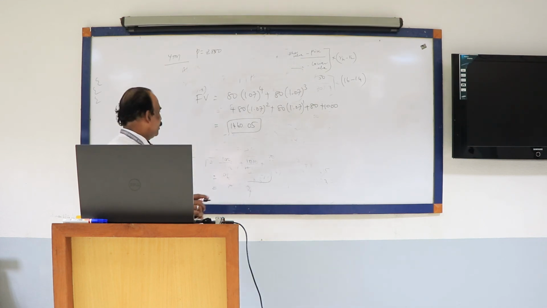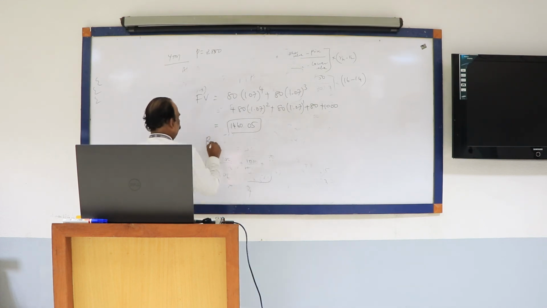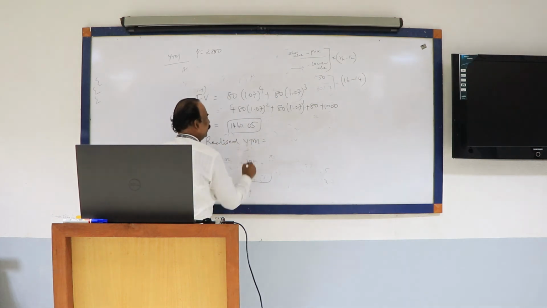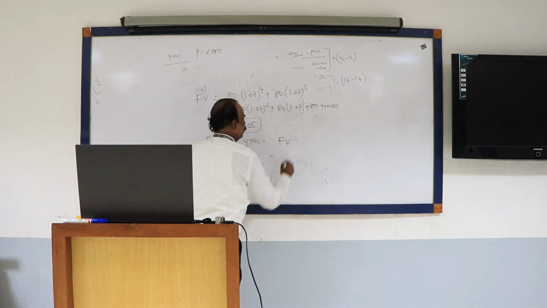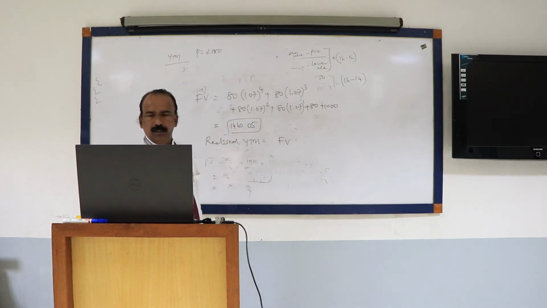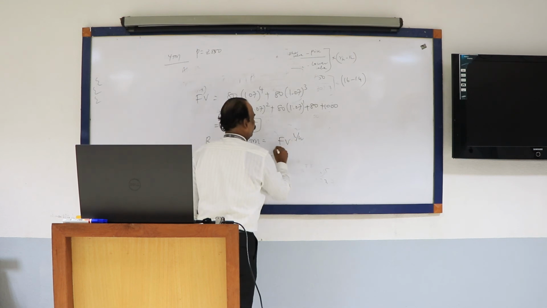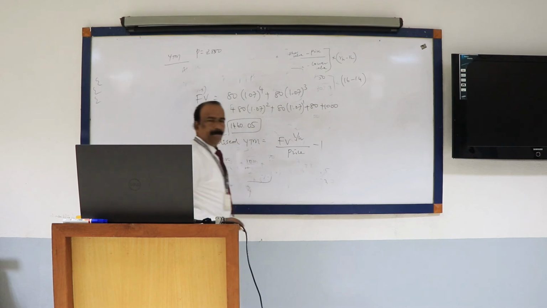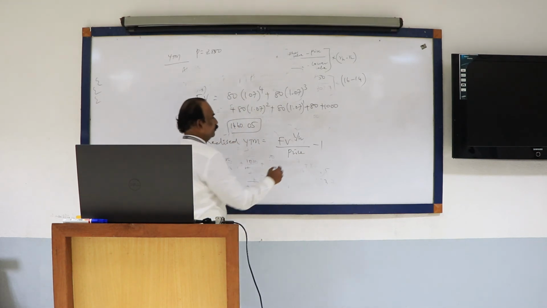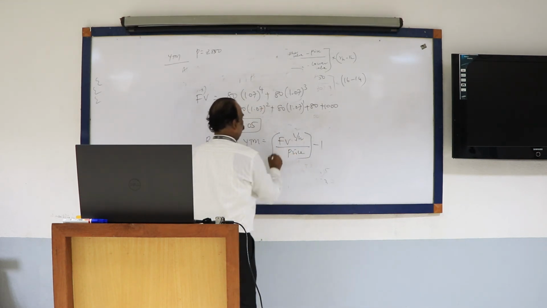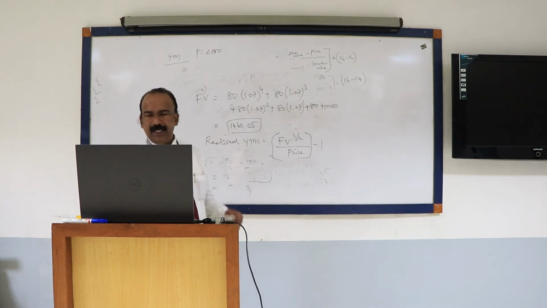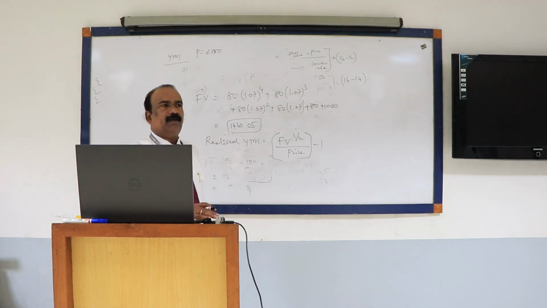The realized YTM equation is future value power 1 by n divided by price minus 1.